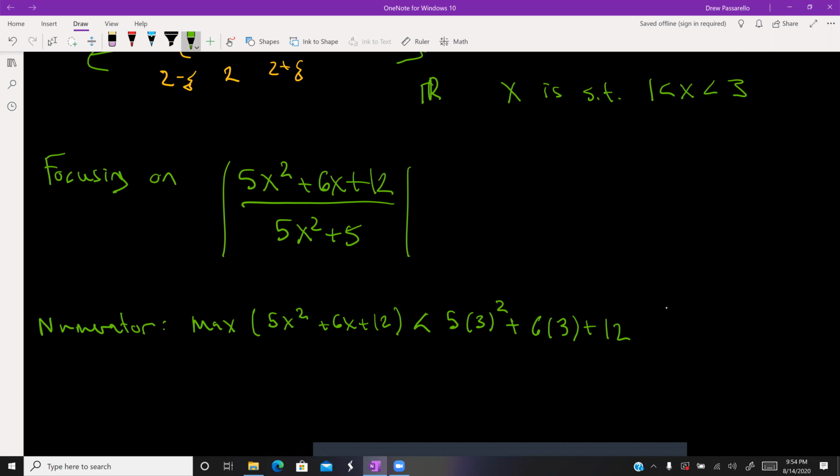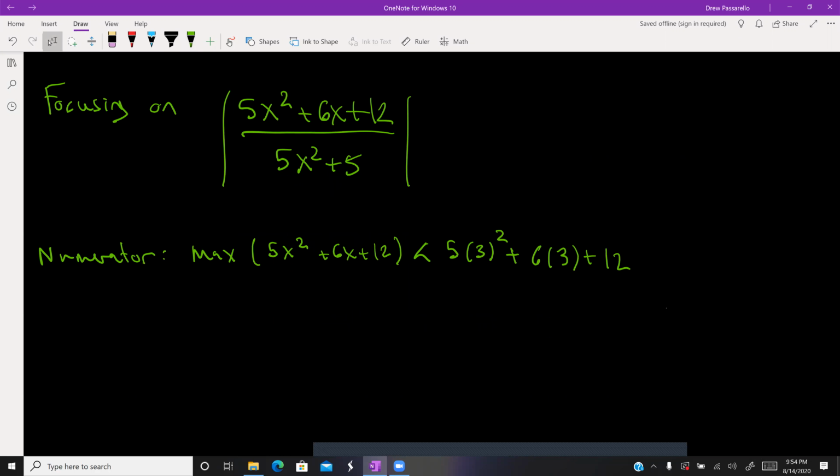So for the numerator, since x is less than 3, we have 5x squared plus 6x plus 12 less than 75. That's for the numerator.